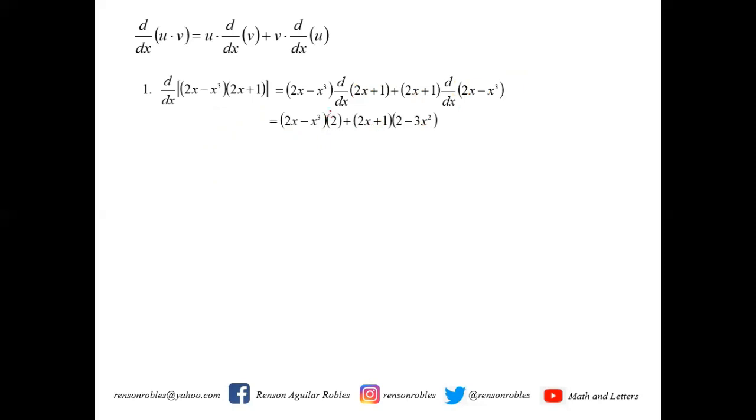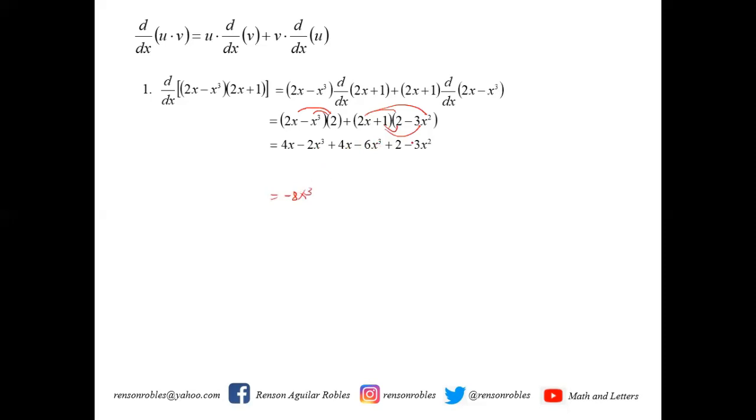So I will distribute 2 to each term inside, okay? And then you use the FOIL method here. And then you will have 4x minus 2x cubed plus 4x minus 6x cubed plus 2, that's 1 times 2, and then minus 3x squared. And then collecting similar terms, negative 2x cubed minus 6x cubed is negative 8x cubed, okay?